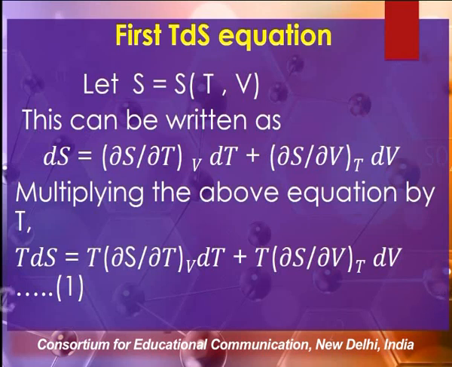Because we have to derive the TdS equations, and as you can see and appreciate that by multiplying T with dS, we are getting TdS on the left hand side. It means the left hand side we have got. Now we have to manipulate or substitute the Maxwell's relation on the right hand side to get the first TdS equation.